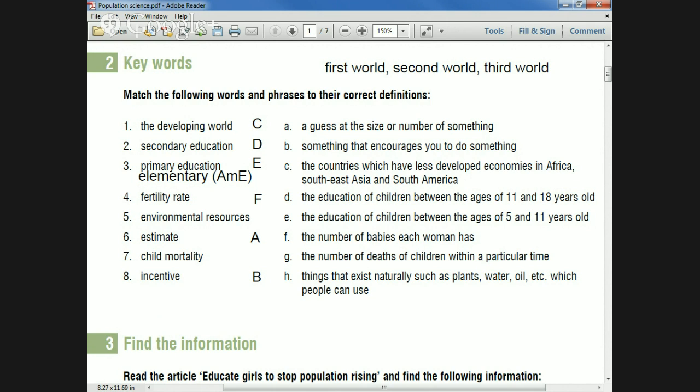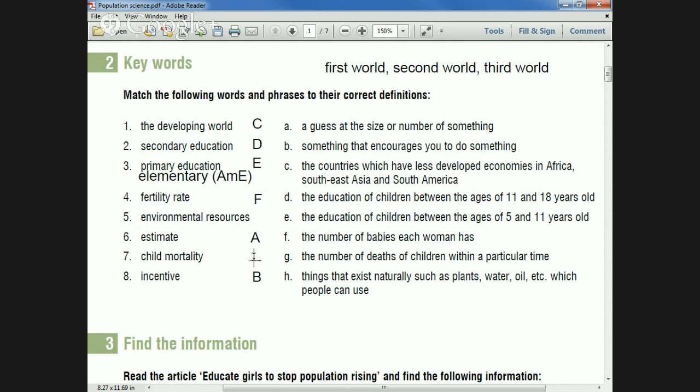Okay, Rodrigo, could you read number G? Okay, the number of deaths of children within a particular time. Okay, so the number of deaths of children. Child mortality. Yes. Child mortality.